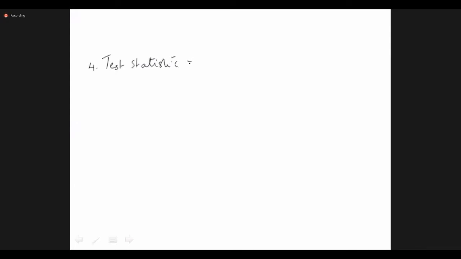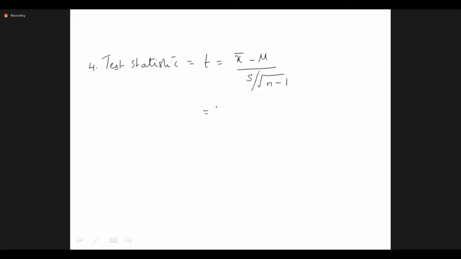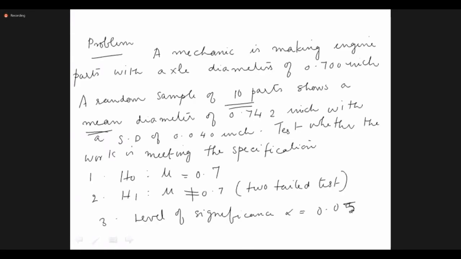Since it is a small sample and we are talking about the mean, our test statistic is t. T is equal to x bar minus mu divided by S by root of n minus 1. X bar, the mean of the sample, is 0.742, mu is 0.7, and S, the standard deviation of the sample, is 0.04.